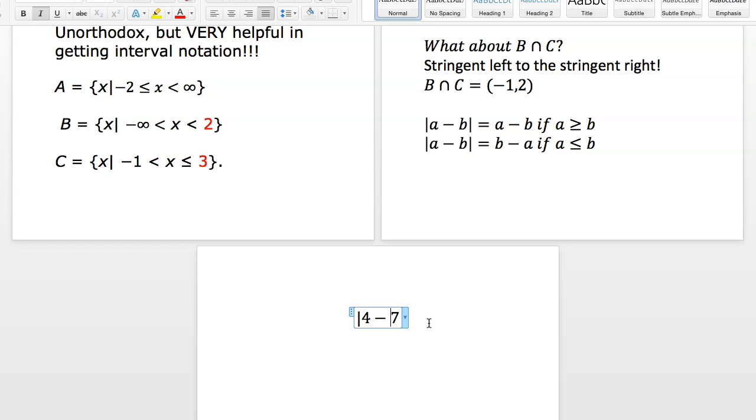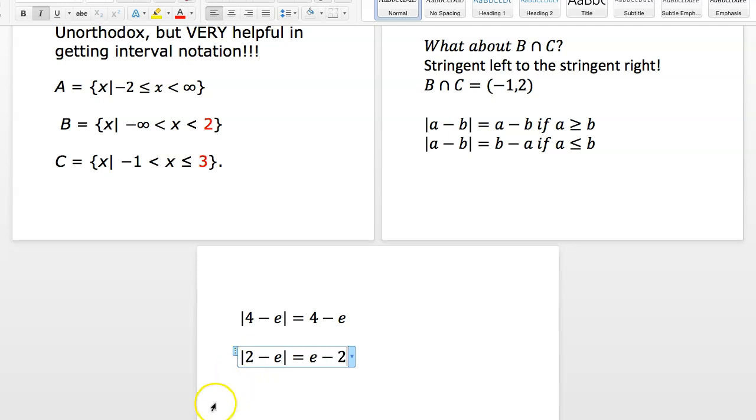So, like absolute value of 4 minus 7. Let me not use 7. Let me use a symbol called Euler. E is Euler's number. It's about equal to 2.71828. But 4 would certainly be bigger. That's just equal to 4 minus E, because E is about 2.718. But since E is a little bit bigger than 2.7, if you use 2, 2 is smaller or more negative.